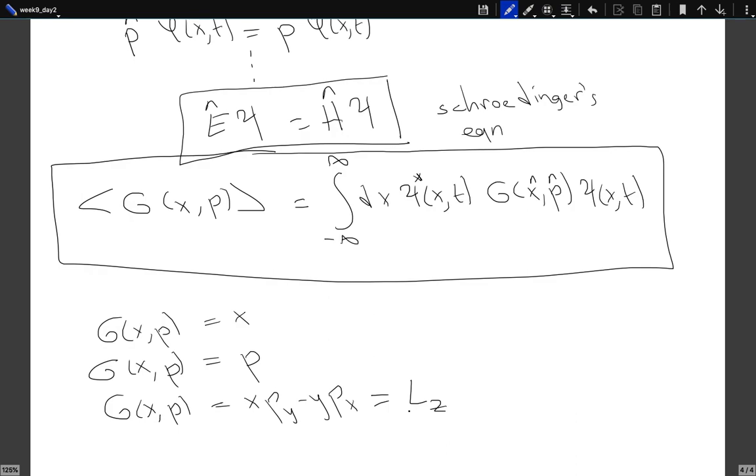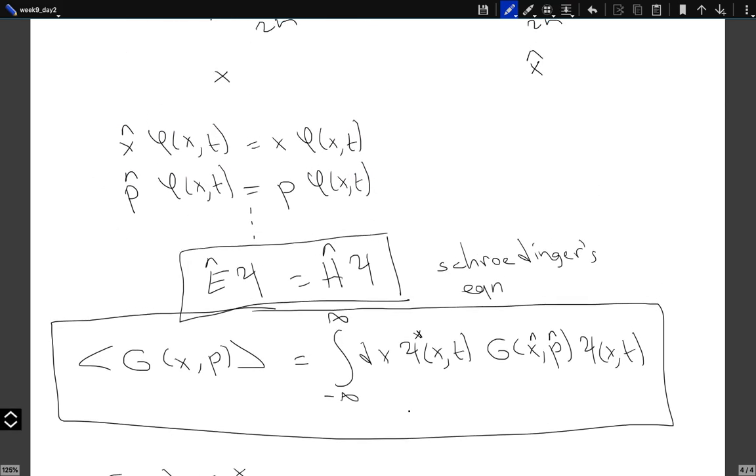So whatever quantity you have in classical physics, replace them with their corresponding operators, and that is how you can calculate the expectation values. The same goes for the Hamiltonian: Hamiltonian equals energy, which is nothing but your Schrödinger equation.